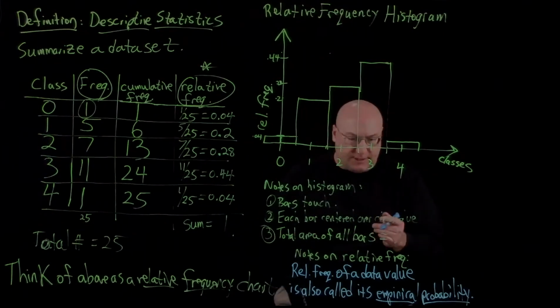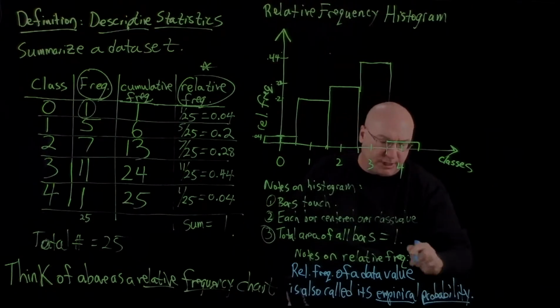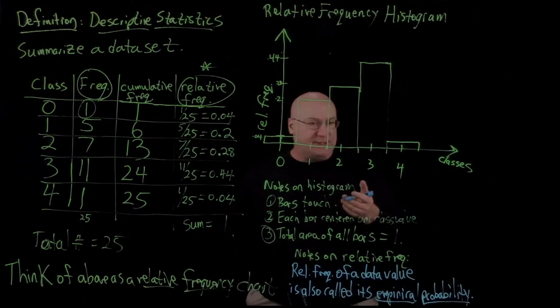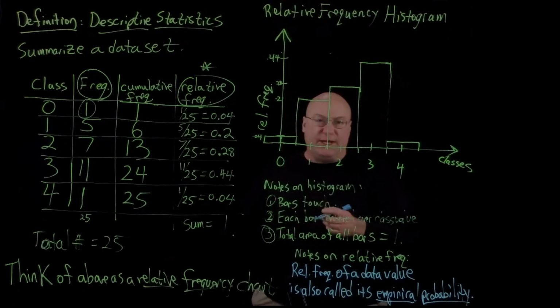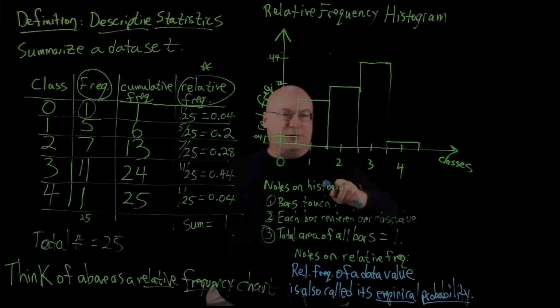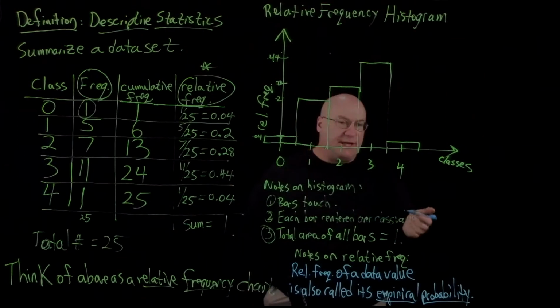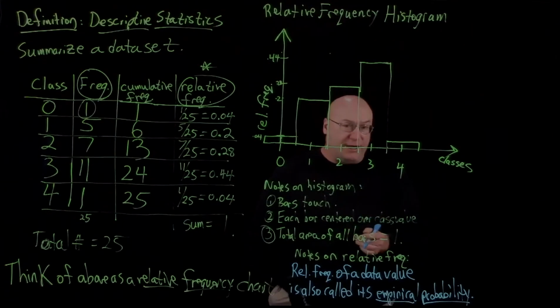I just want to say that I think you have this intuitive notion that what the probability of a number means is how likely that number is to turn up in the data set, right? So you can see that if, for instance, the relative frequency of 3 is 0.44, what I'm saying is that 0.44, or 44%, of the data values have the value 3.